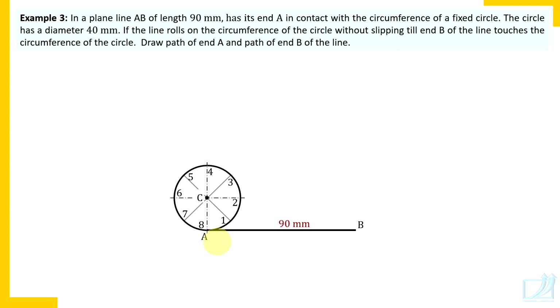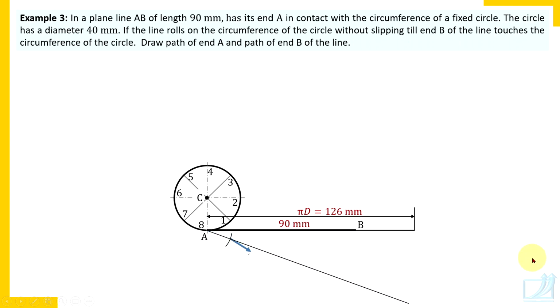Now don't divide the length of the wire, or length of this line, in 8 parts. How much length do we divide in 8 parts? Pi d. So along this line, measure length pi d. If required, draw an extension for the line, but measure length pi d and divide it in 8 parts as usual.